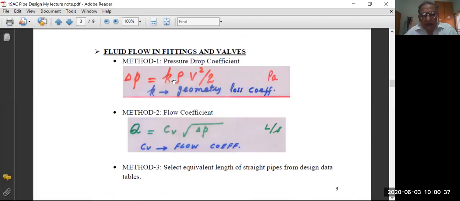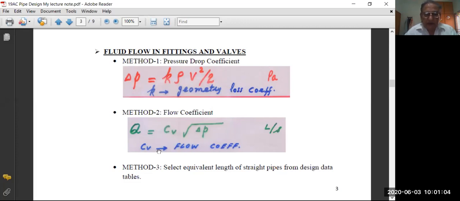Pressure drop in a fitting is equal to, it is on two bases, either pressure drop coefficient or flow coefficient. These flow coefficients are available in design handbooks, and K is the pressure drop coefficient in this formula, and CV is the flow coefficient or volume flow coefficient.